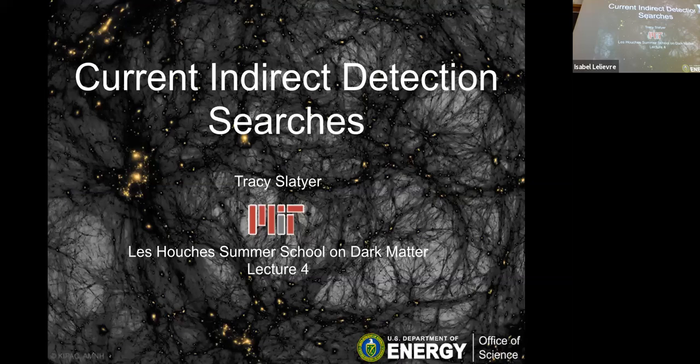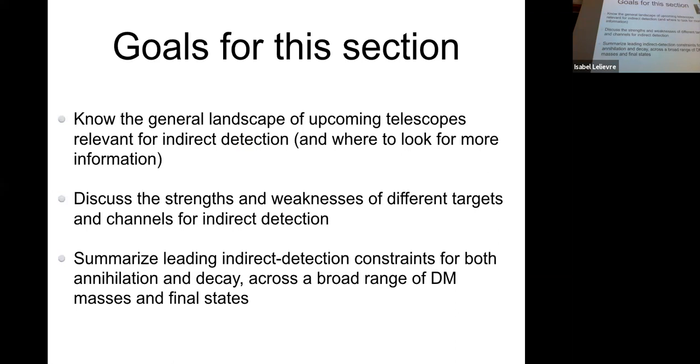Okay, so for the remainder of this lecture, I want to talk about the status of current indirect detection searches. This will almost certainly partly spill into tomorrow's final lecture, so we'll see how far we can get today. Where I'd like you to be as we get through this section is to have an idea of what the general landscape is of upcoming telescopes and experiments relative to indirect detection.